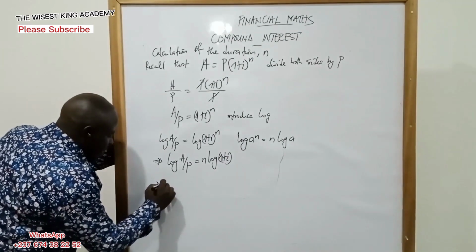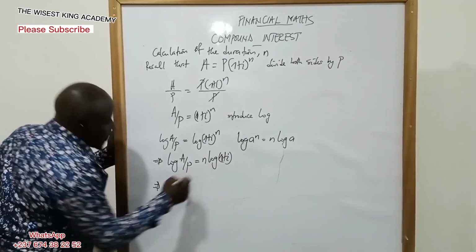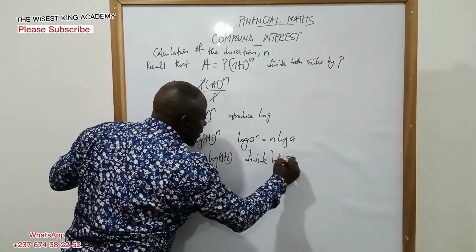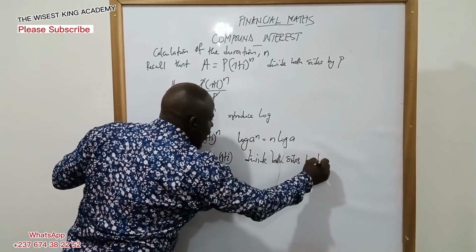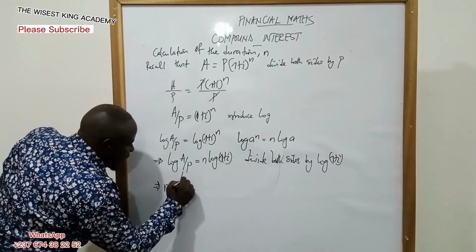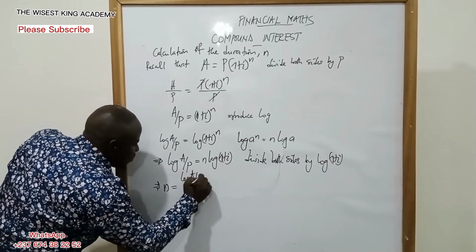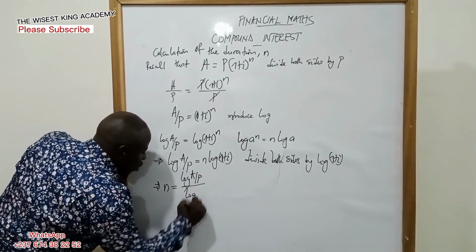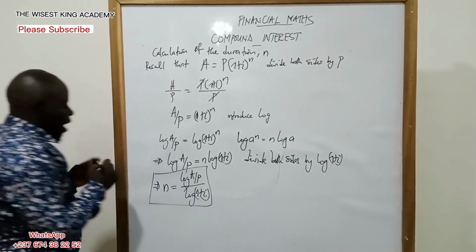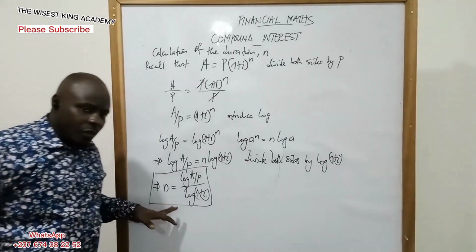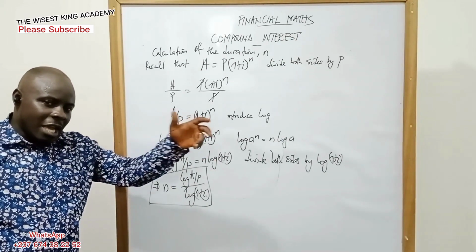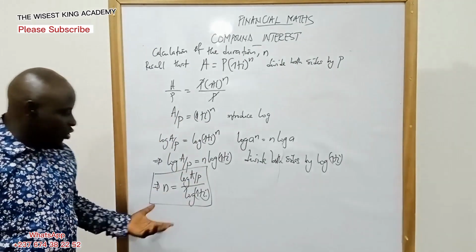Now this implies that n will be equals to, if I divide both sides by log 1 plus I, it's going to give me log A over P divided by log 1 plus I. This is the formula to calculate the duration given the acquired value, the capital, and the compound interest rate.